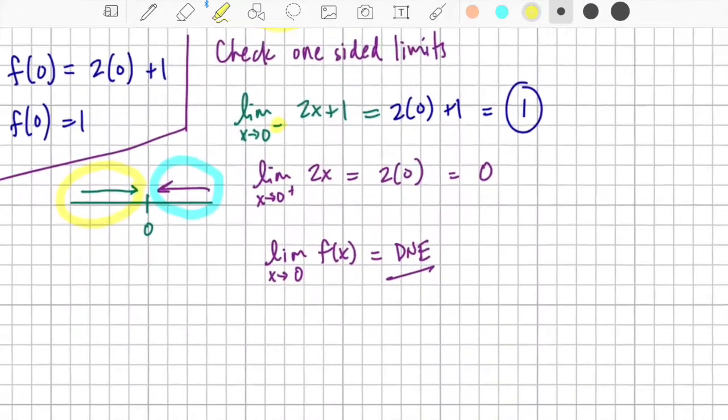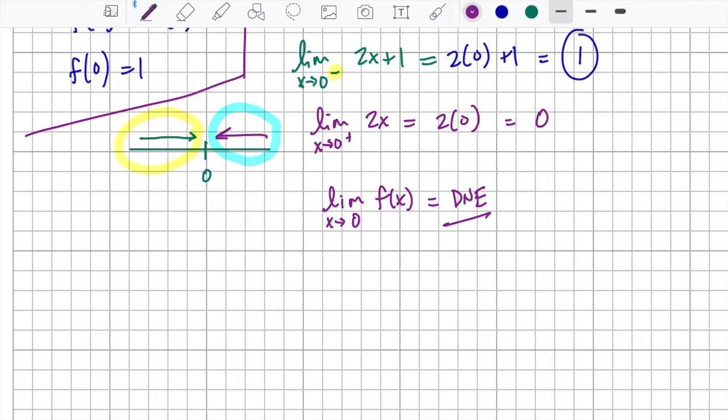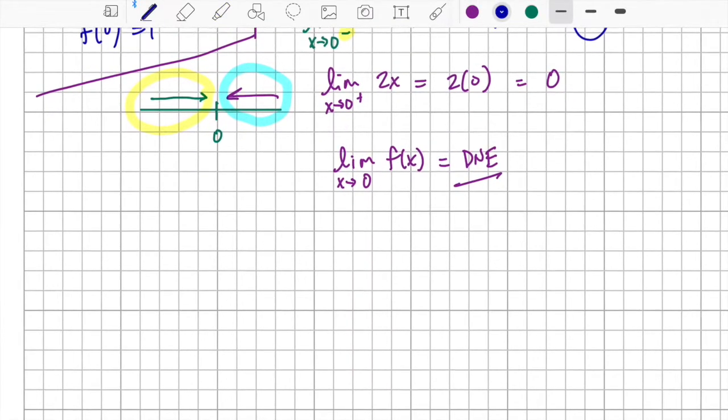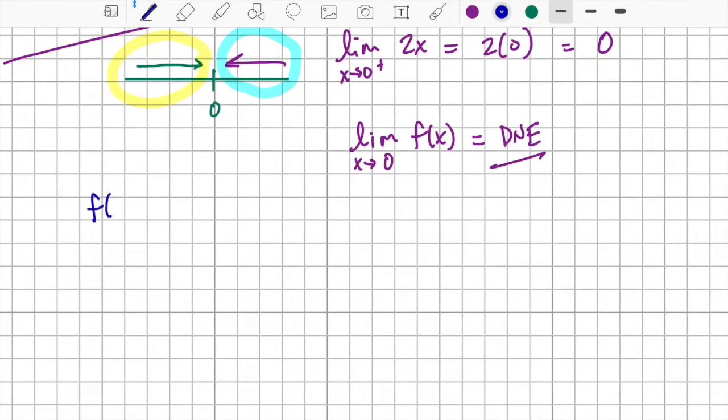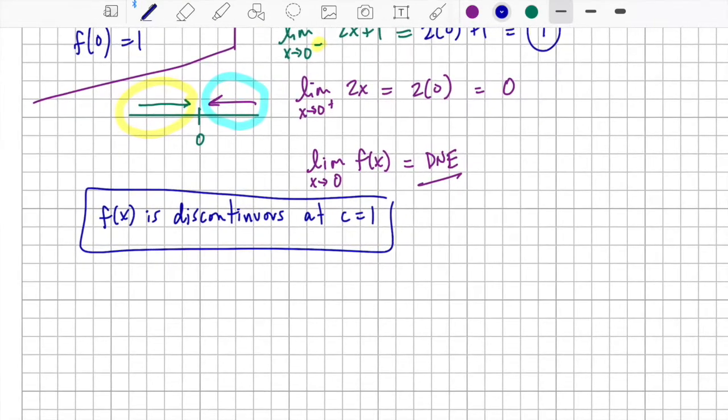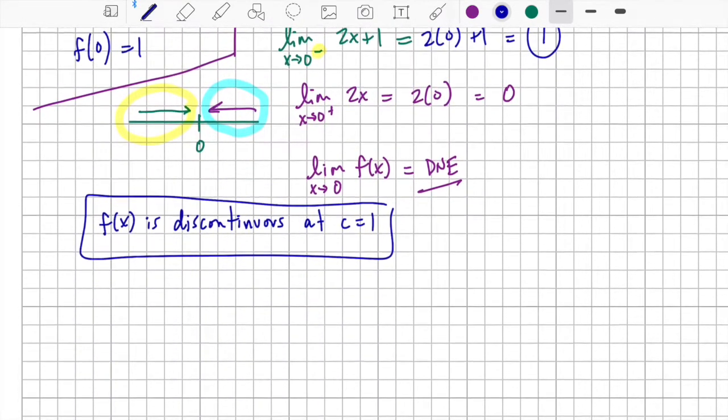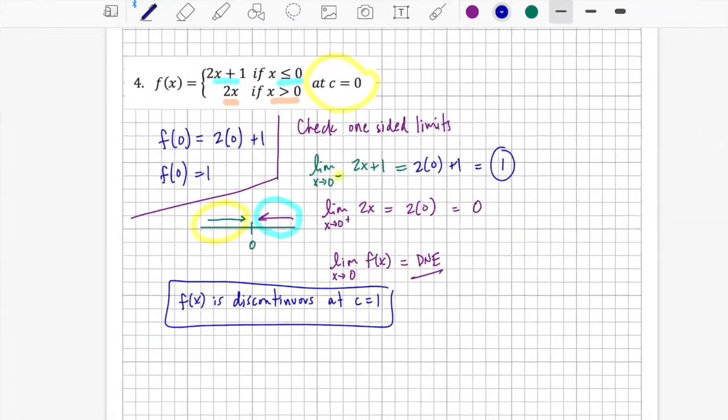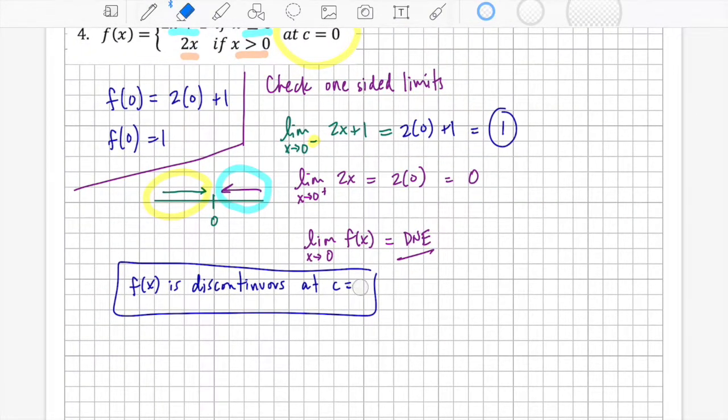So therefore, since it's not met, we say that f of x is discontinuous at c equals 1. So the question was, is it continuous? No, it's not. It's discontinuous. I'm sorry, it's not 1, it's 0. At 0. So it is discontinuous. Okay?